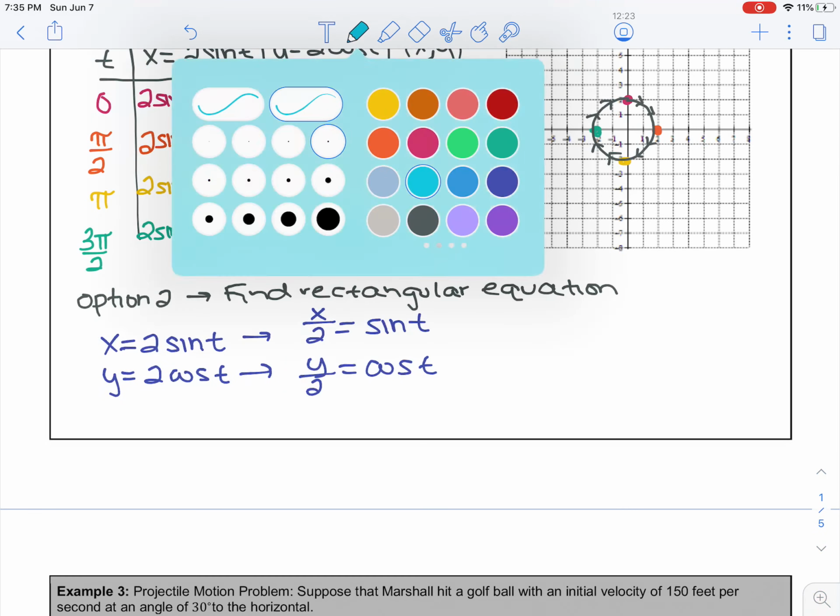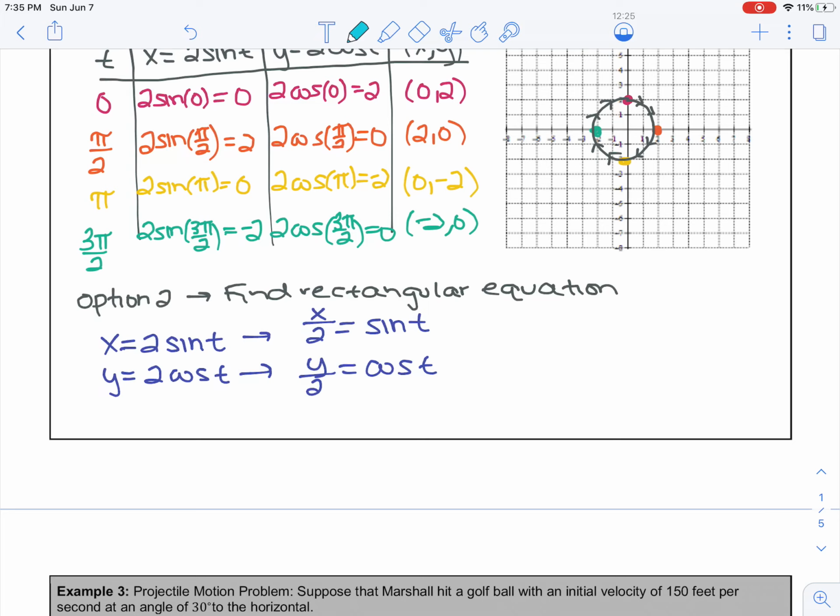So I'm going to introduce that here and square both sides. Of the equation x over 2 equals sine t, that'll give me x squared over 4 equals sine squared t, squaring both sides here. That gives me y squared over 4 equals cosine squared t.